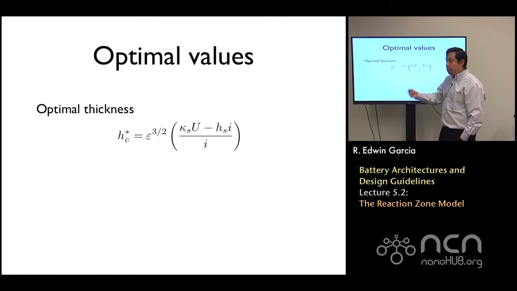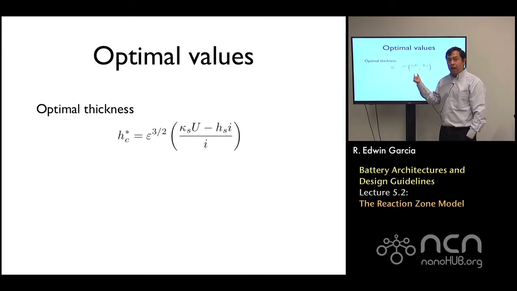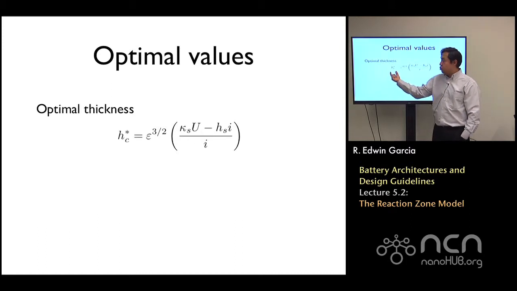So that means that you cannot optimize a battery, the thickness, the microstructure of a battery, for all the applications, but you have to be very conscious of what the power density, what the current density of that application is, to be able to specify the thickness of the electrode. And away from that, the microstructure of your cell will be suboptimal.